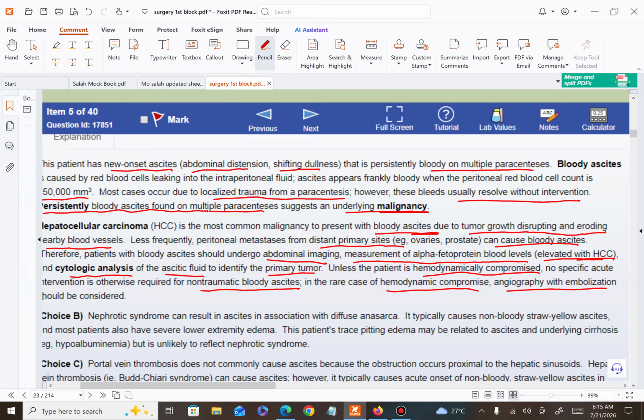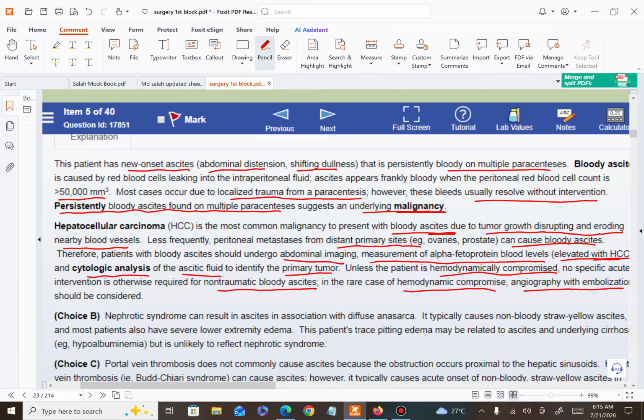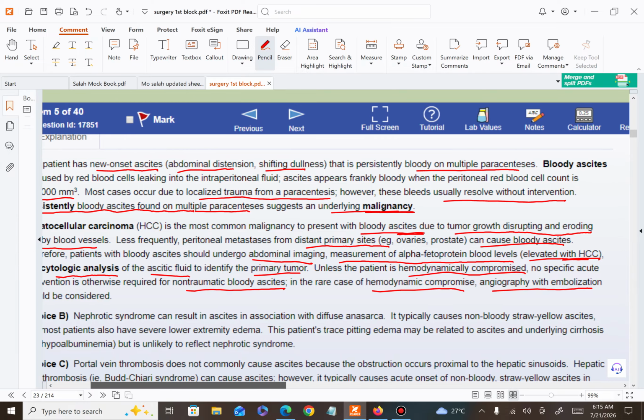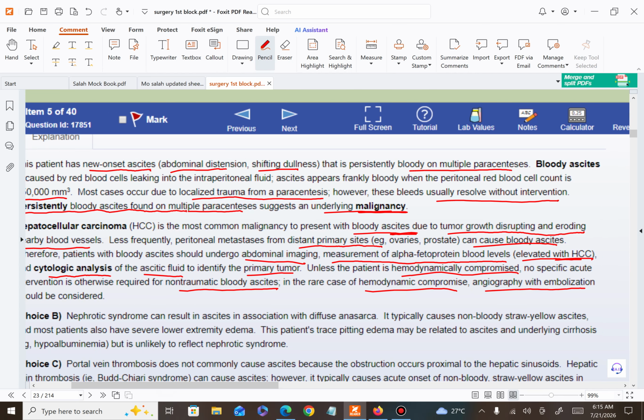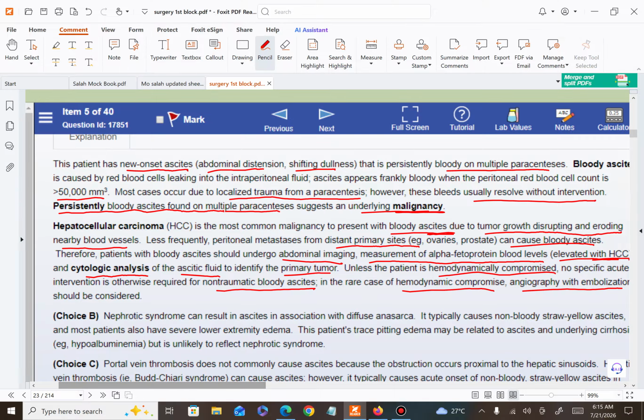Choice B, nephrotic syndrome, is not right because nephrotic syndrome can result in ascites in association with diffuse anasarca.